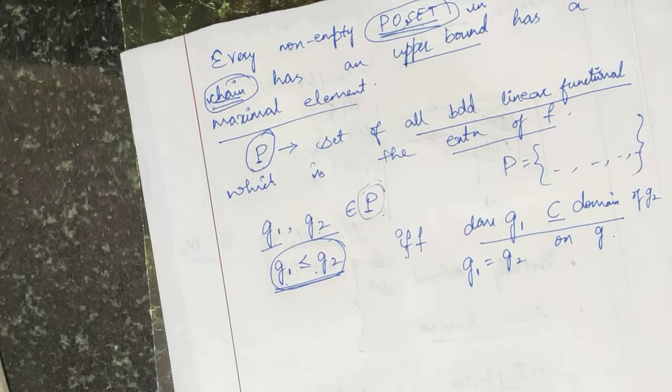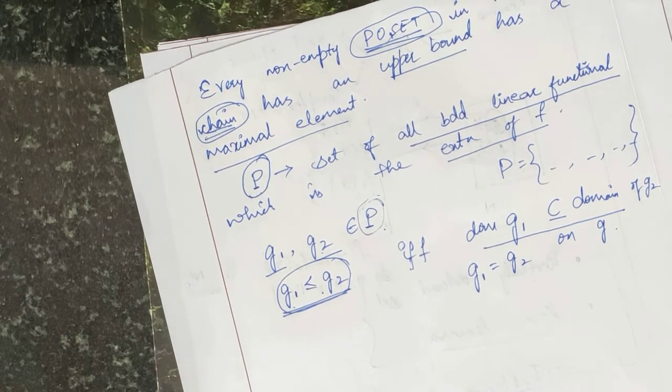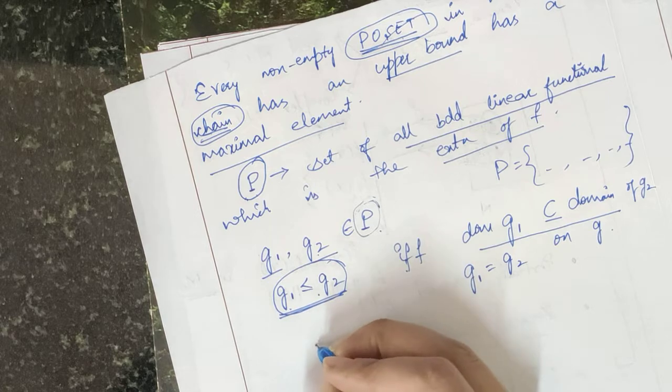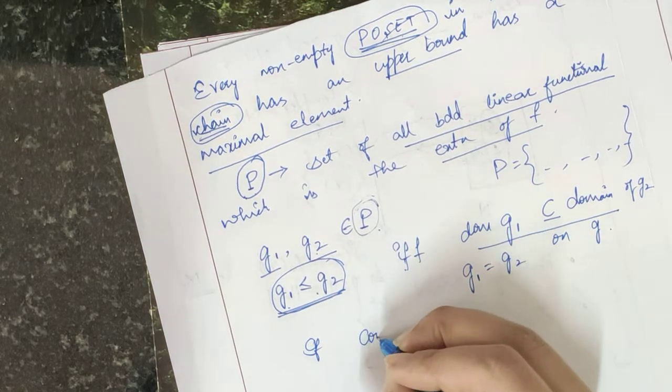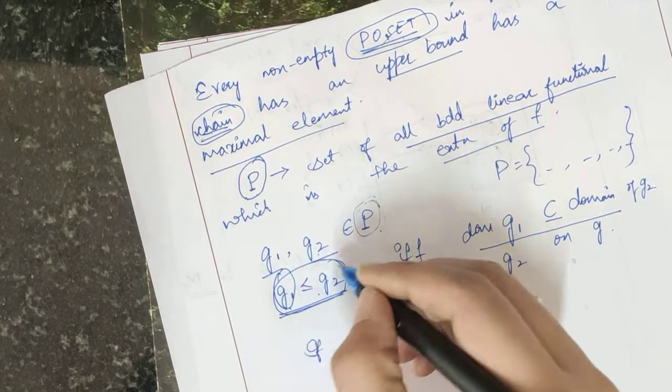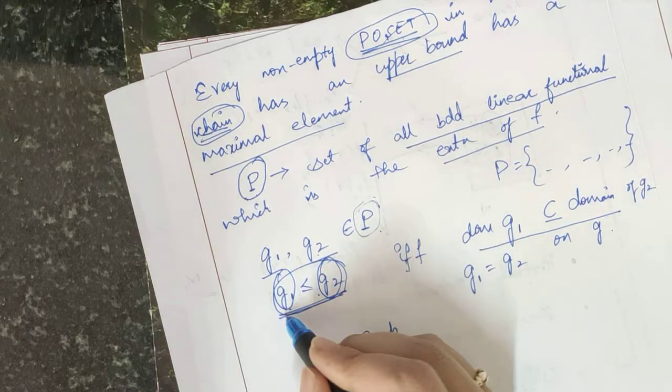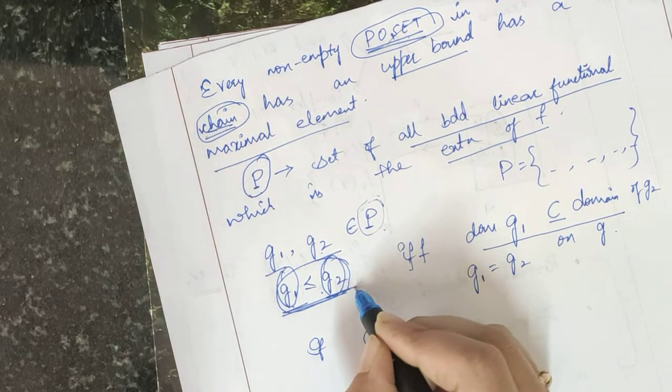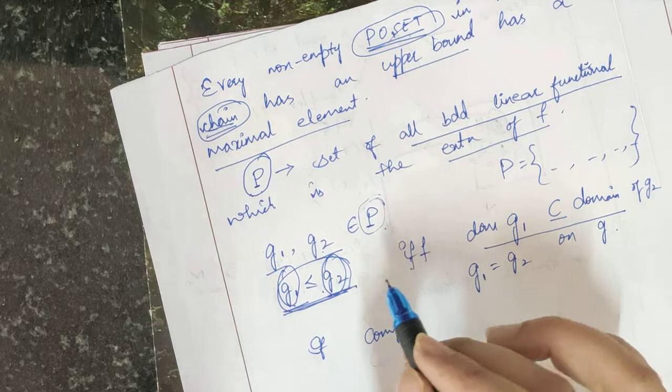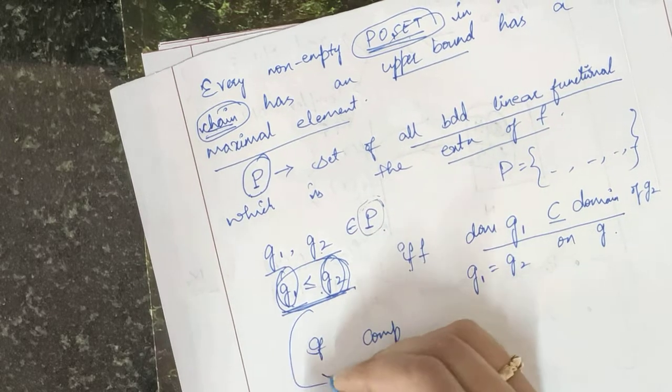Now, if you can compare any two elements in a poset, it forms a chain.